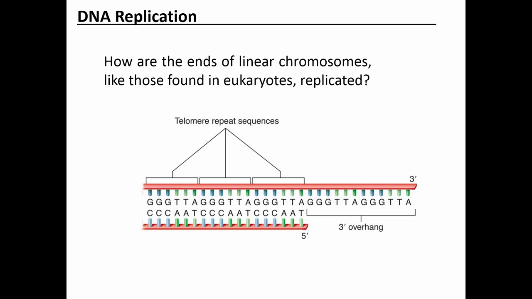Every time you replicate the DNA, it's going to become shorter. So one question you might ask is, what is going to happen to the chromosomes that you pass on to your offspring? If they just became shorter, eventually there'd be nothing to pass on.